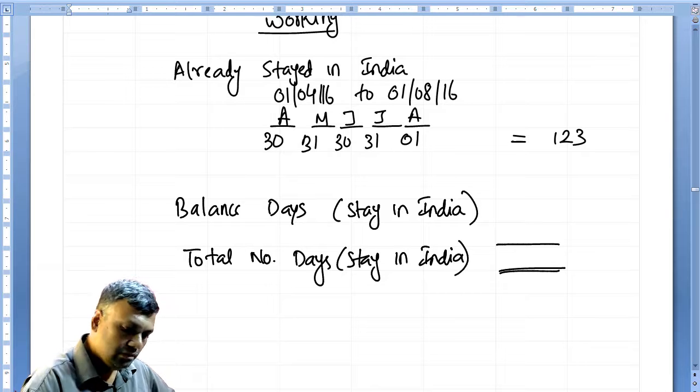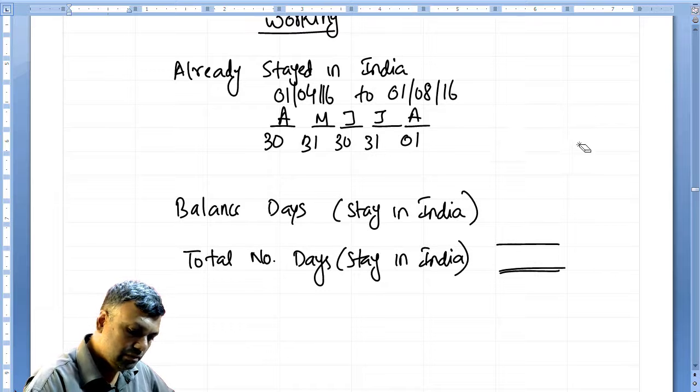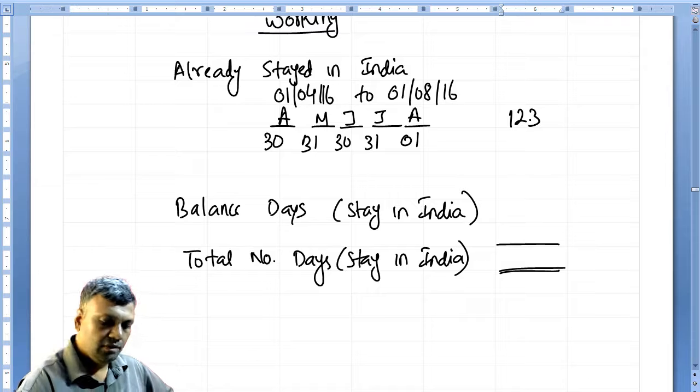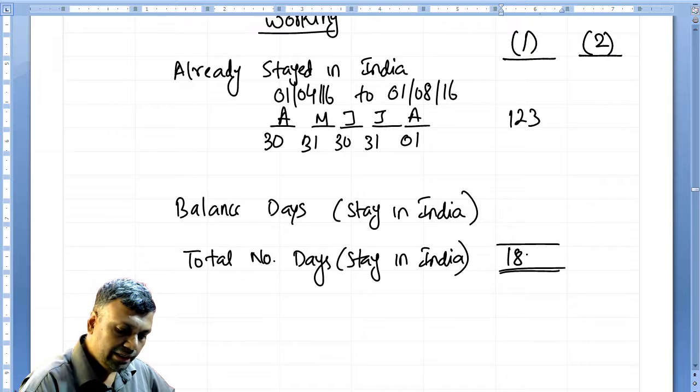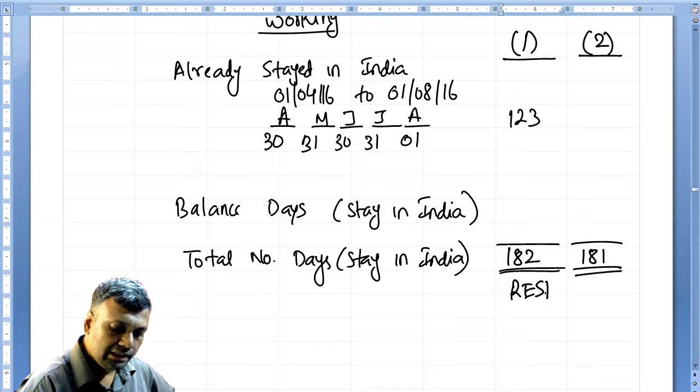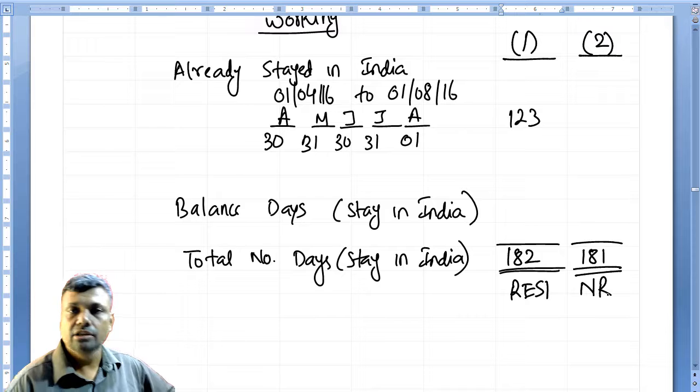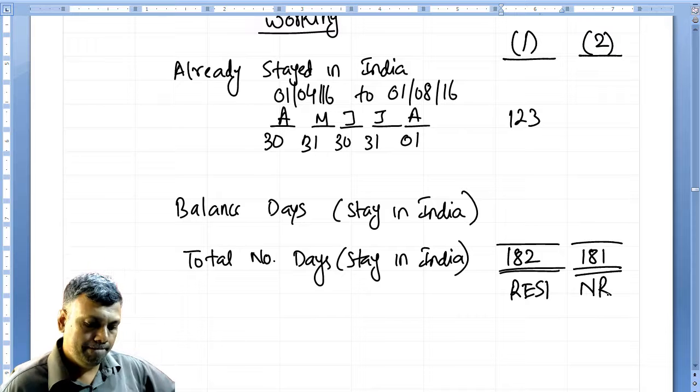So I'll just put it like this. This is 123 days. This is option 1. Option 2: total 182 days, or total 181 days. The first will give him the status of resident. This will give him the status of non-resident. Correct?